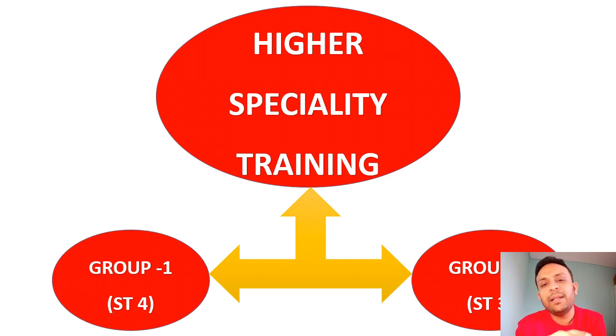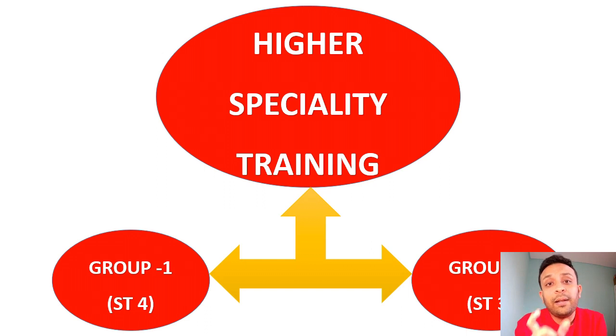The working pattern is a little different, because if you go for group 1 specialties, you would have to work as a medical registrar, taking care of the entire hospital in terms of general medicine, or taking referrals from the A&E department as an acute medicine registrar. So it's a different work-life balance when it comes to the group 1 specialties. Similarly, for the group 2 specialties, you enter at ST3, then ST4, ST5, ST6.